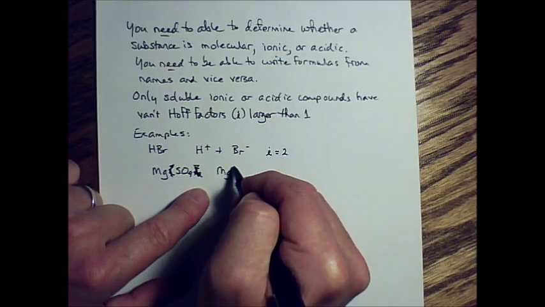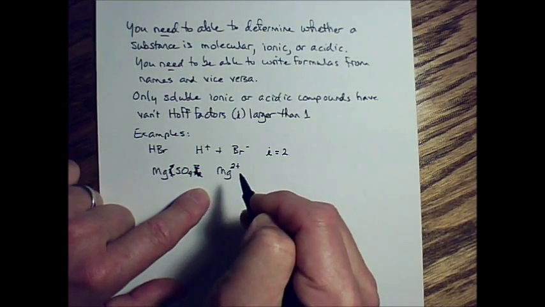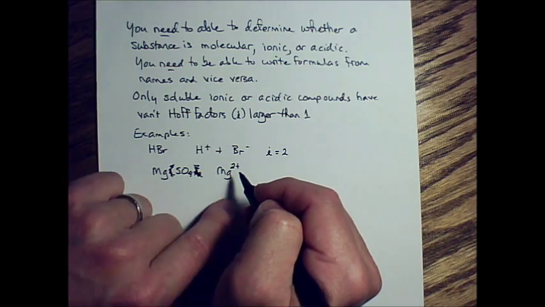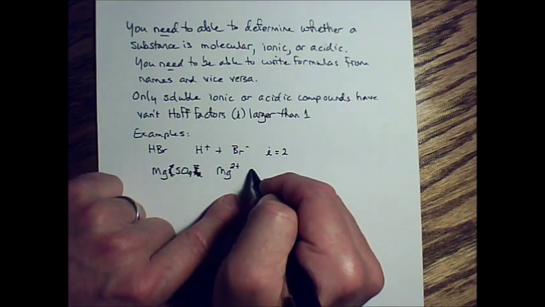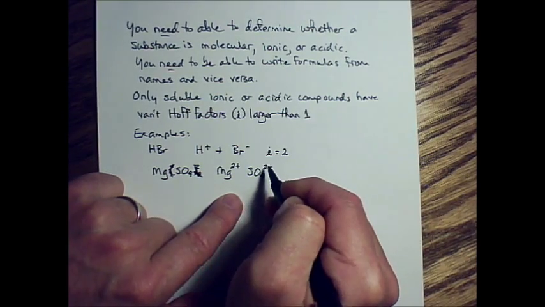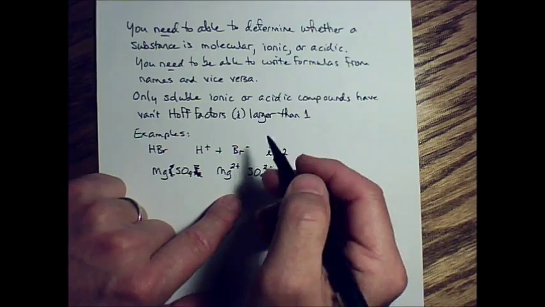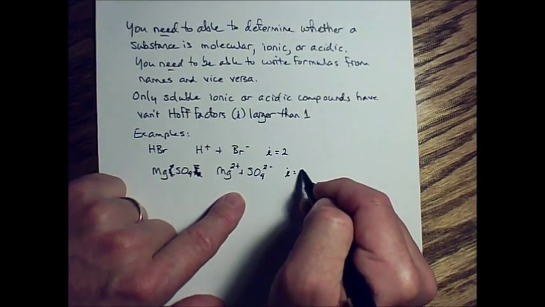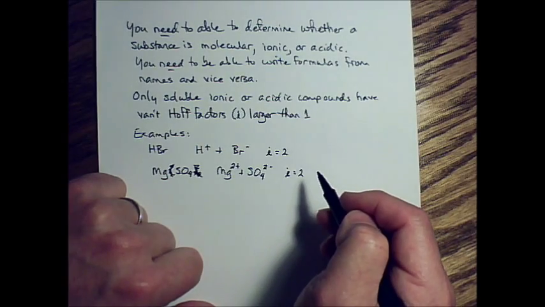Ionic compounds are going to have charged particles, so this magnesium has a 2+. You can find that from the periodic table with oxidation numbers. Sulfate has a 2 negative charge. You can find that on the common ions list in your test references. So we've got 1 of each of those, and i here is going to equal 2 as well.